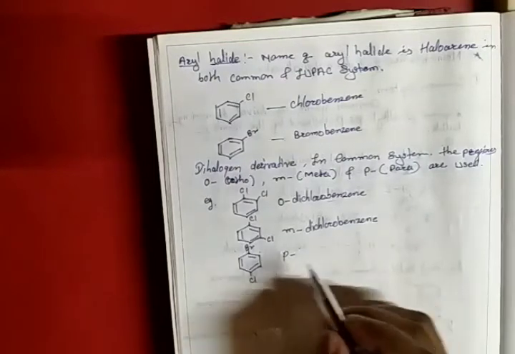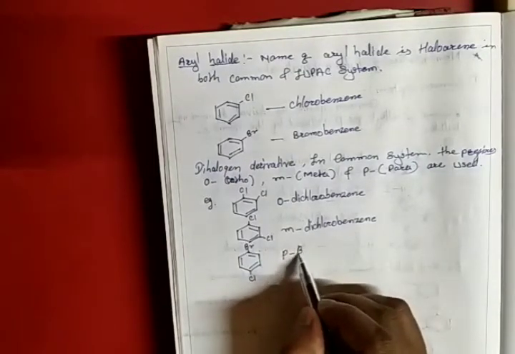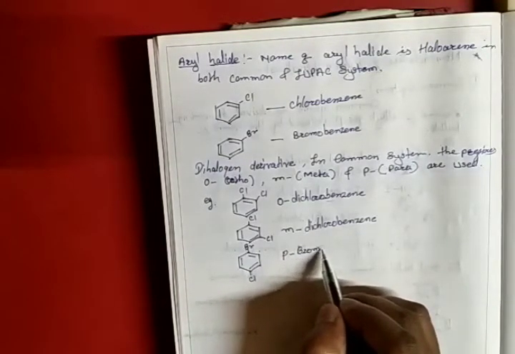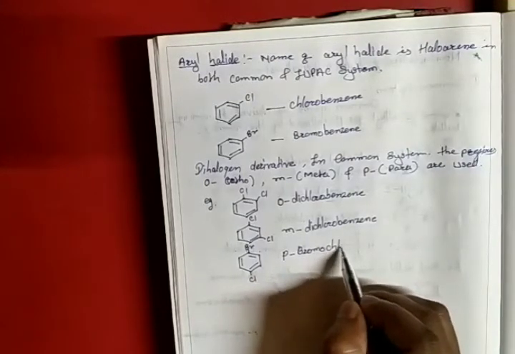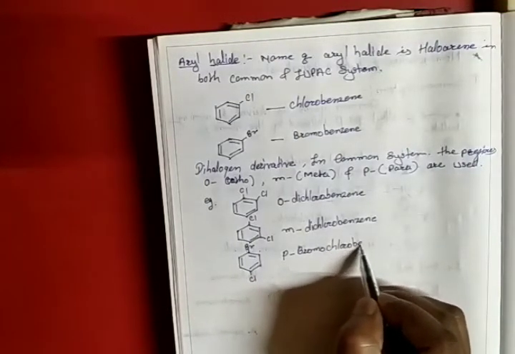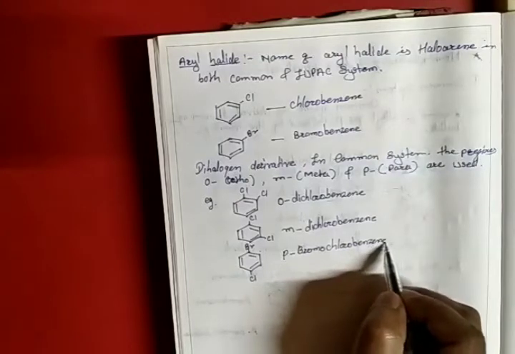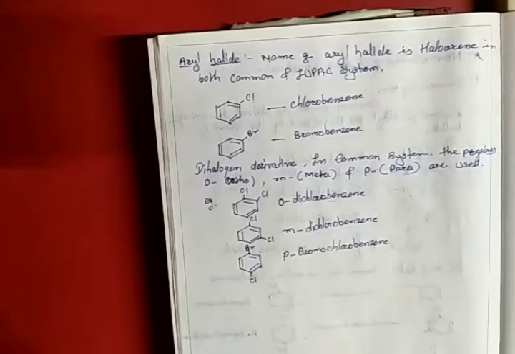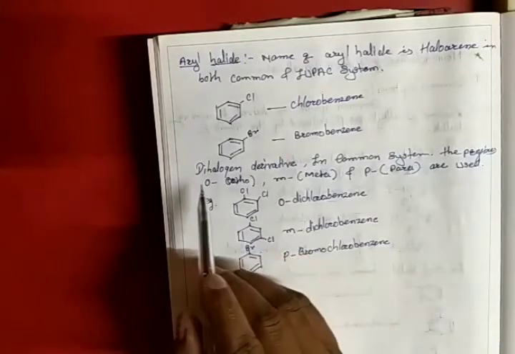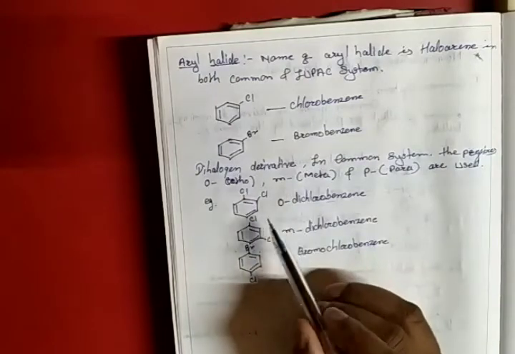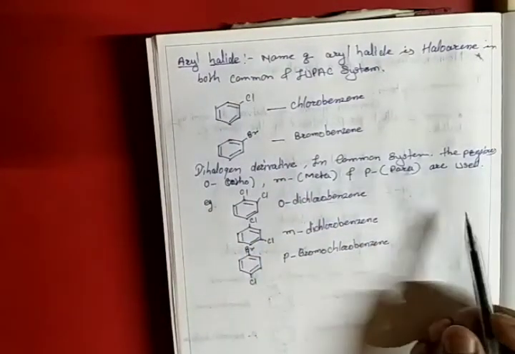Alphabetically bromo we write first, then chloro, then benzene. So its common name is para bromochlorobenzene. This is the common nomenclature of aryl halides.